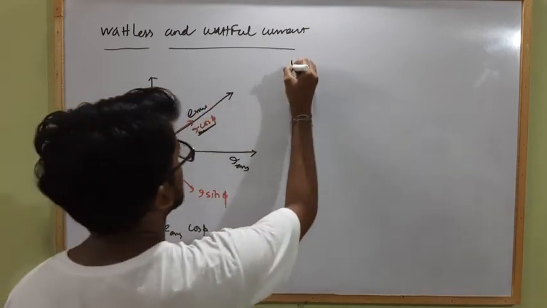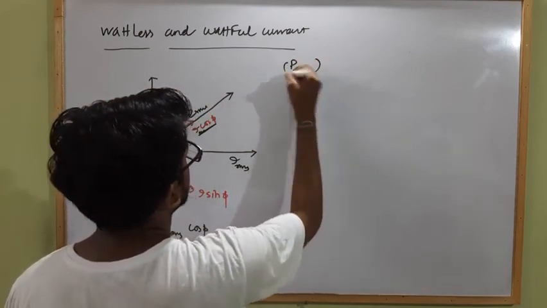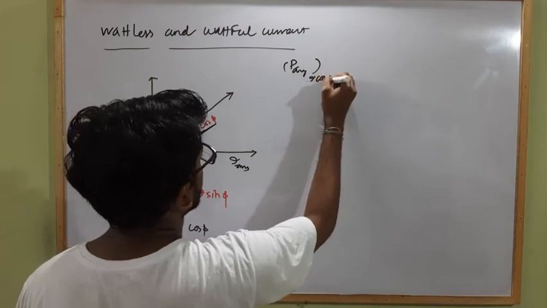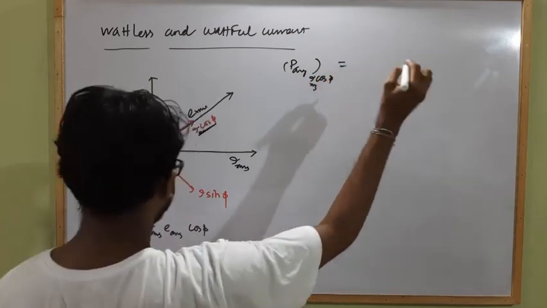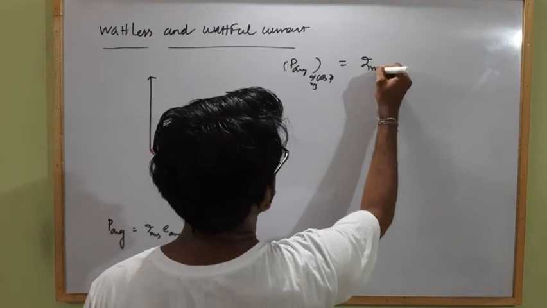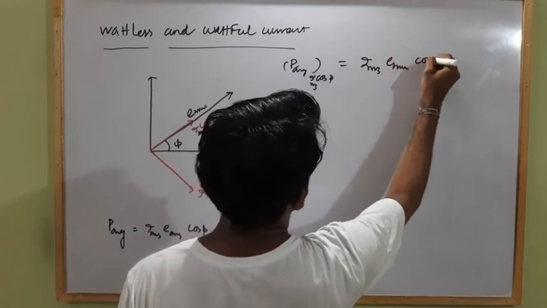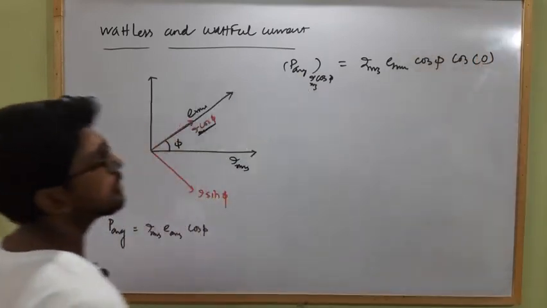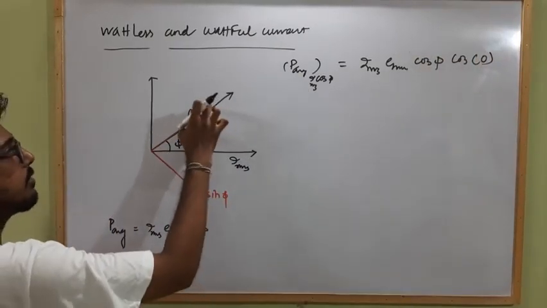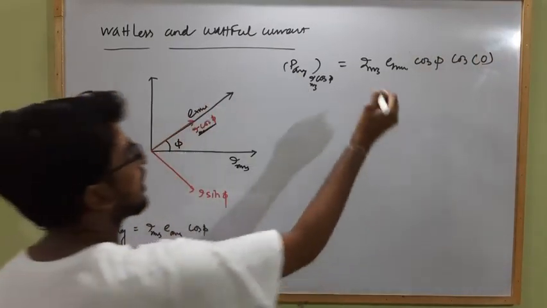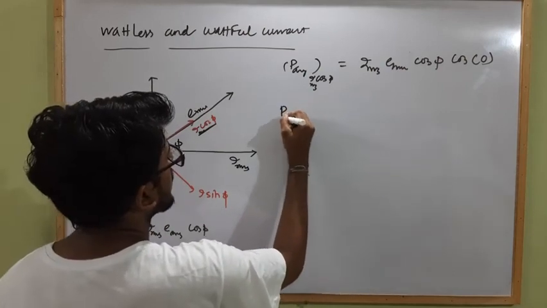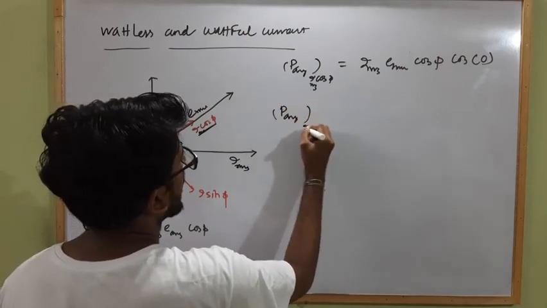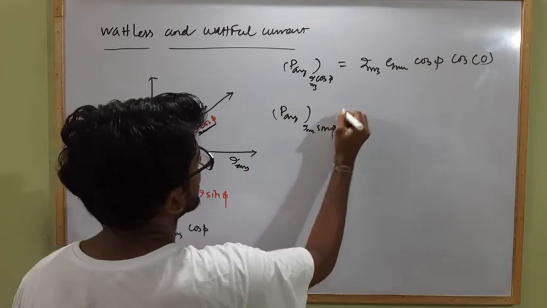So the P average for the component I RMS cos phi will be how much? I RMS E RMS cos phi into cos 0, because here the phase difference will be 0. Again, the P average for the component I RMS sin phi equals how much?